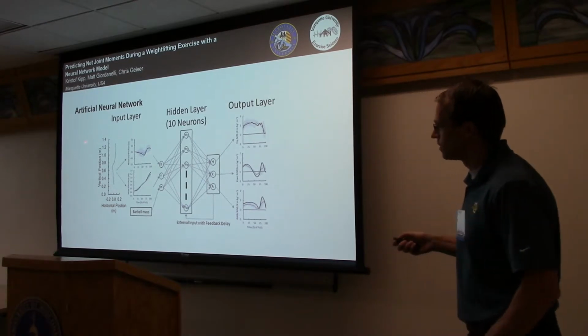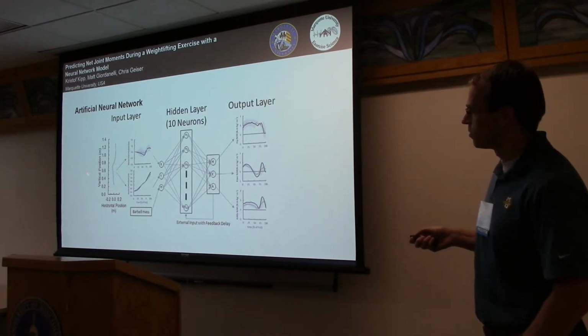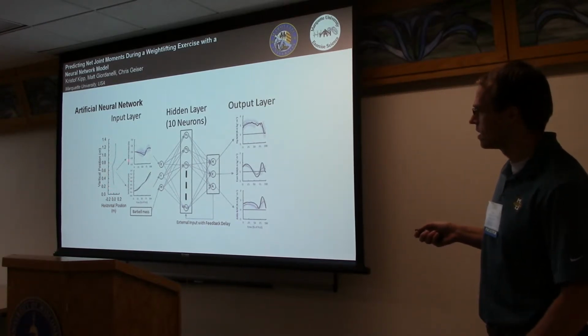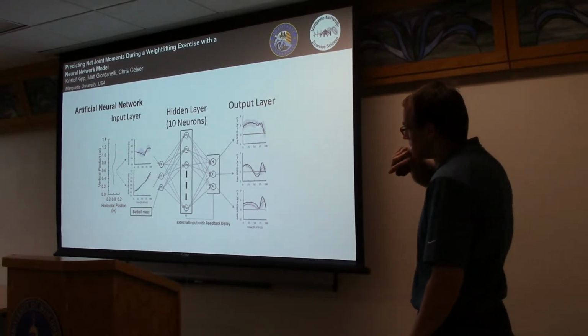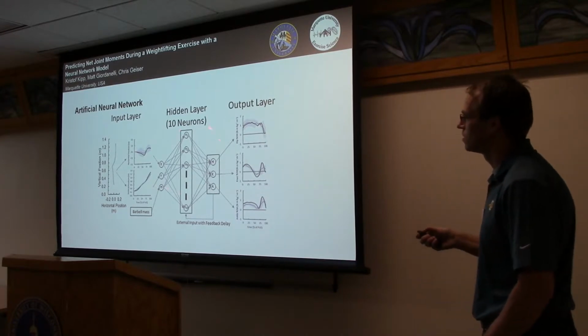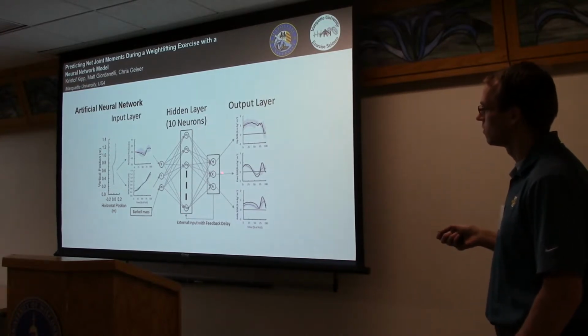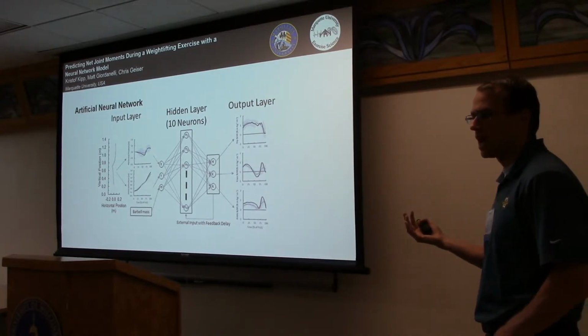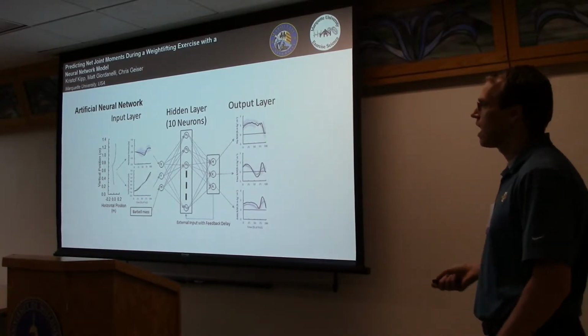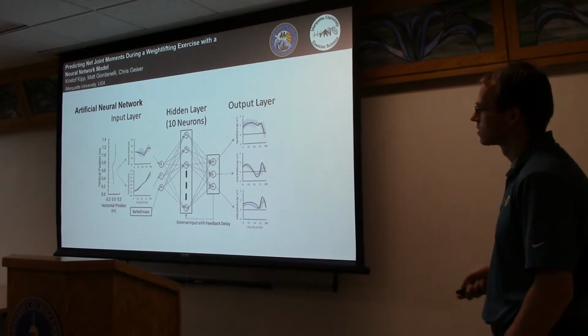So what we did, we tracked the vertical and horizontal position of the barbell, disassociated that into horizontal position and vertical position. Fed that into this feed-forward layer. We collected biomechanics data at the same time, so we have our outputs, and we're just trying to see how these inputs map onto these outputs.